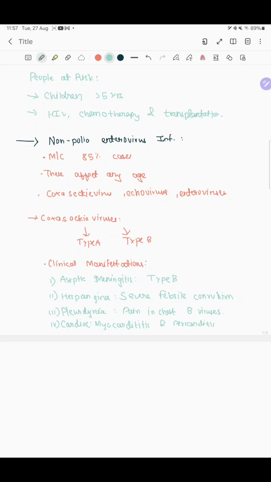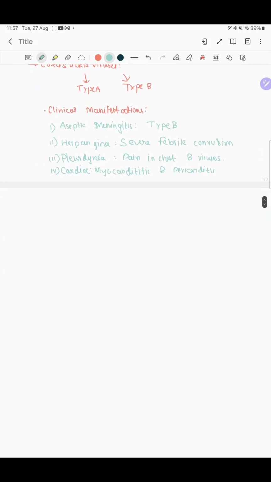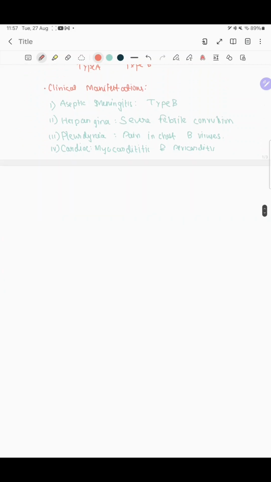Now we're going to see echoviruses. Echoviruses infect humans through the fecal-oral route.